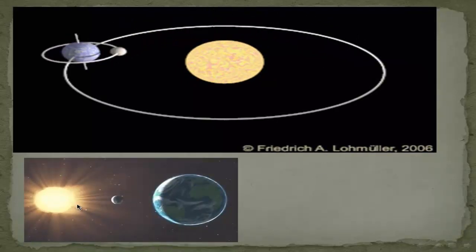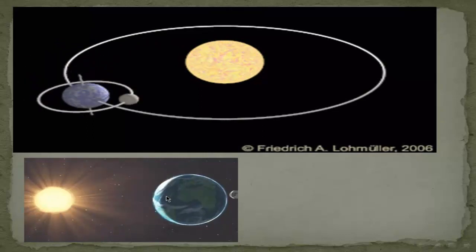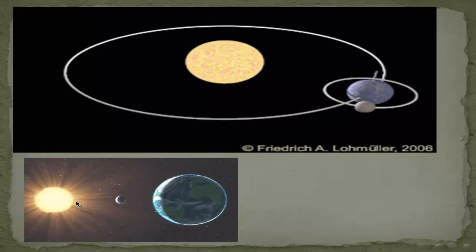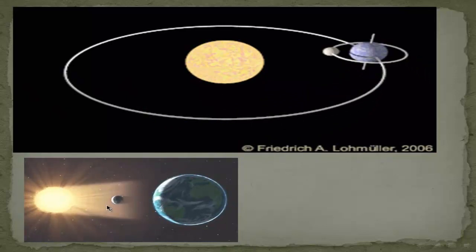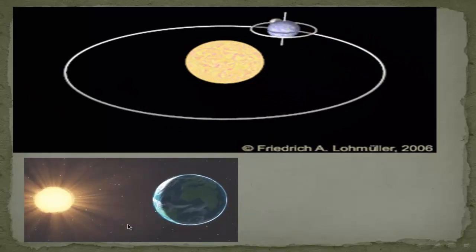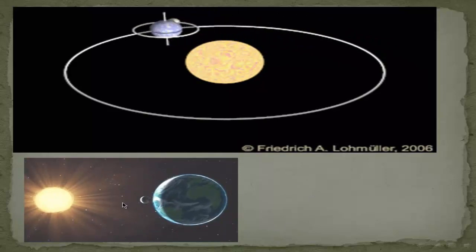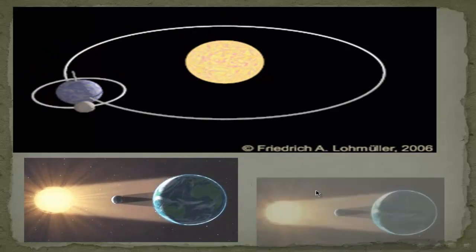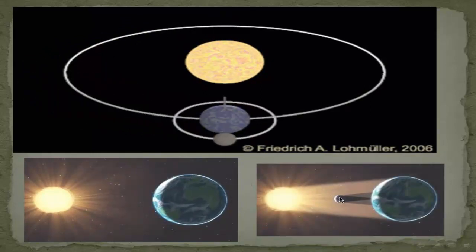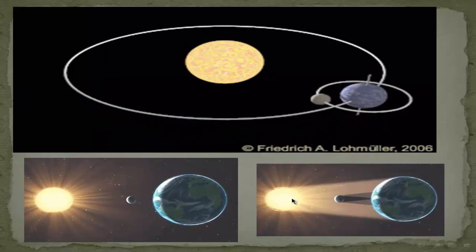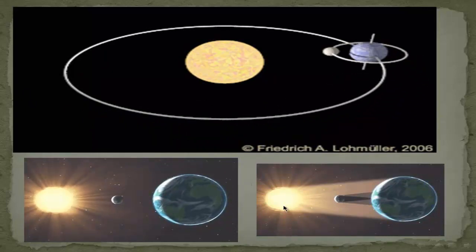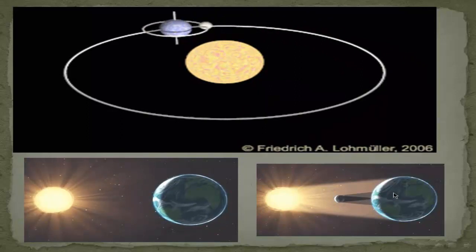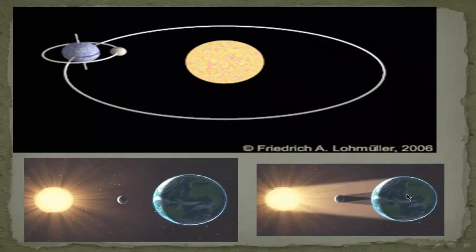At one moment of this rotation, the Moon comes between the Sun and Earth. So it will hide or block sunlight, eclipse the sunlight, and form its shadow on Earth.